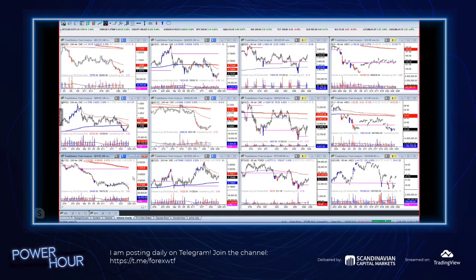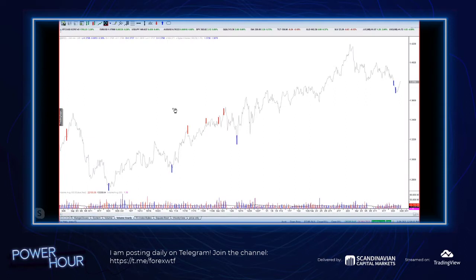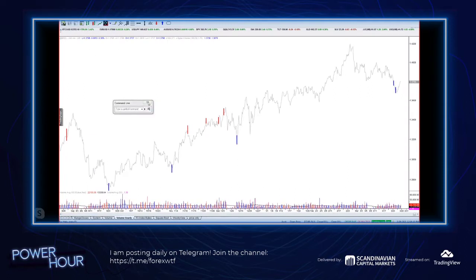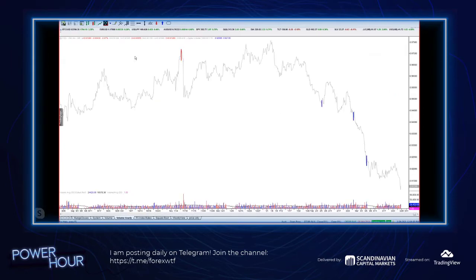So here, I'll show you this. These are my volume reversal signals on a 4-hour chart. I look at 4-hour signals, sometimes hourly signals, but usually 4 hours about the lowest I'll go.